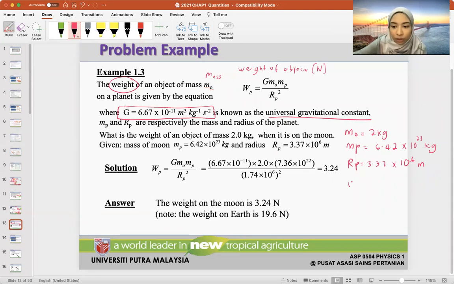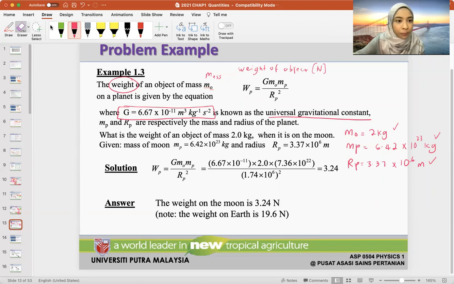So it's asking what is the weight using this equation. This is in SI, this is in SI, this is also in SI, so we expect an answer in SI unit. The SI unit for weight, which is a force, is the newton.